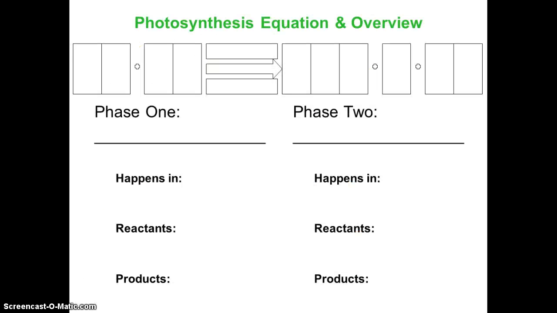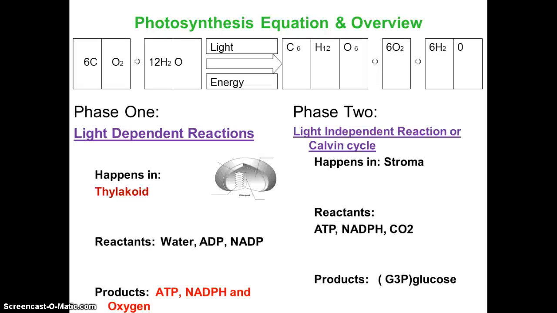So basically, the important thing you need to focus on about photosynthesis is where is it happening, what are the reactants, what do you need, and what do you get at the end. So here's the equation. It requires 6 molecules of carbon dioxide gas. That's where the carbon comes from in our organic molecule. 12 water molecules.